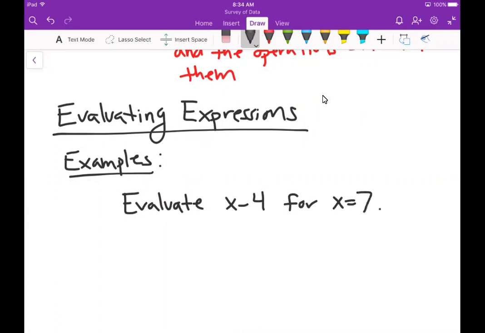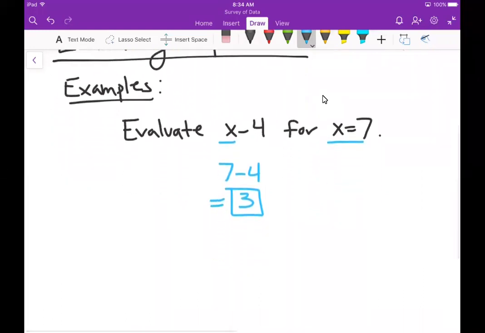So that just means we want to take this x equal to 7 and plug it in for the x in our expression and actually then carry out that operation. So the answer here would be to take 7 minus 4, which we can do hopefully in our heads, and 7 minus 4 is 3. And we have evaluated that expression x minus 4 for the value x equal to 7.